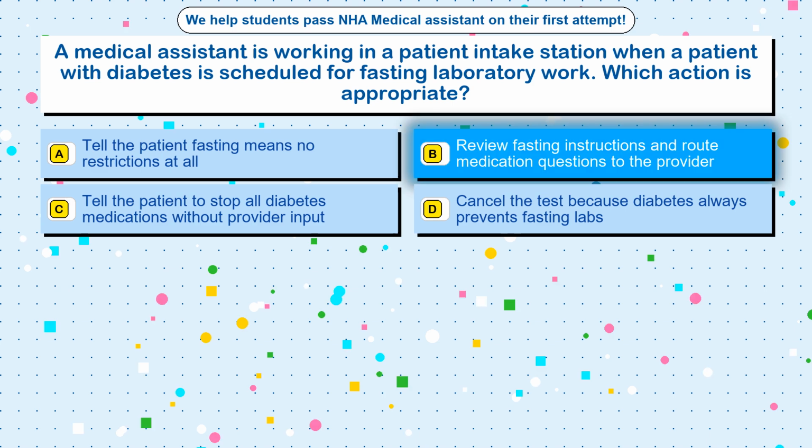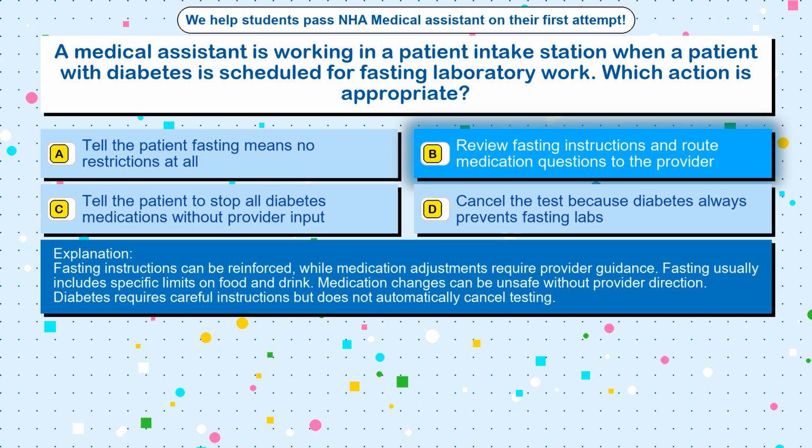The correct answer is option B. Review fasting instructions and route medication questions to the provider. Fasting instructions can be reinforced, while medication adjustments require provider guidance. Fasting usually includes specific limits on food and drink. Medication changes can be unsafe without provider direction. Diabetes requires careful instructions but does not automatically cancel testing.